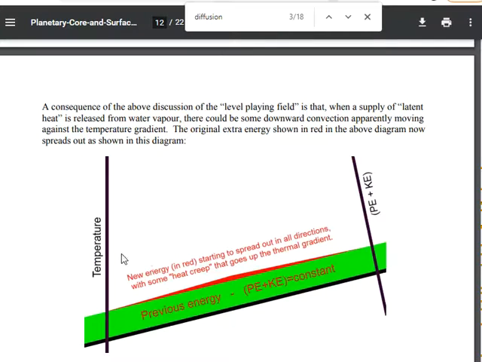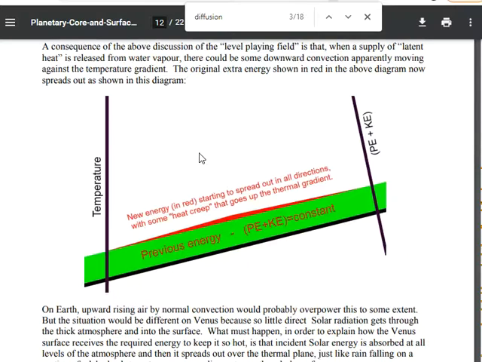A consequence of the above discussion is the level playing field is that when a supply of latent heat is released from water vapor, there could be some downward convection apparently moving against the temperature gradient. The original energy shown in red in the above diagram now spreads out as shown in this diagram.